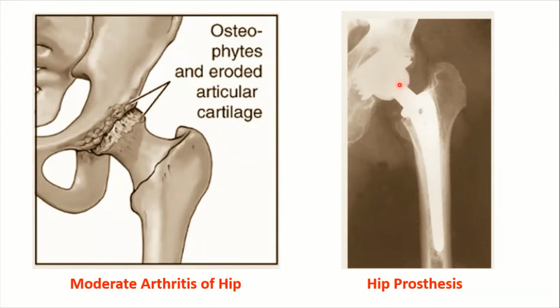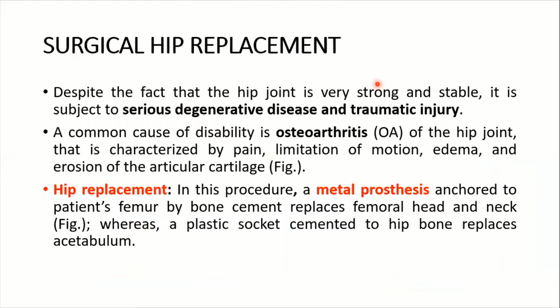This is the femoral head and neck, it's metal, and the acetabulum is in a sort of plastic socket, right? So this is the hip replacement surgical procedure. In hip replacement, a metal prosthesis is anchored to the patient's femur by bone cement, replacing the femoral head and neck, whereas a plastic socket cemented to the hip bone replaces the acetabulum, right?